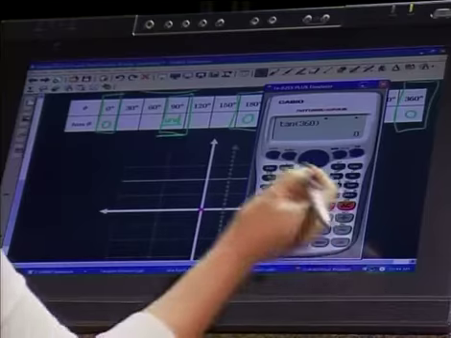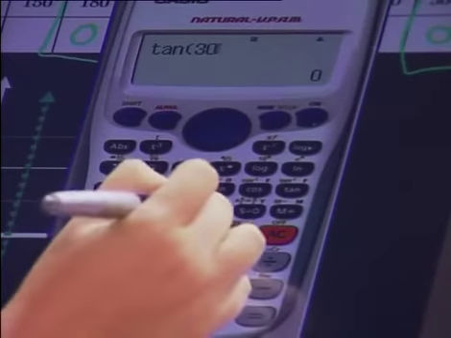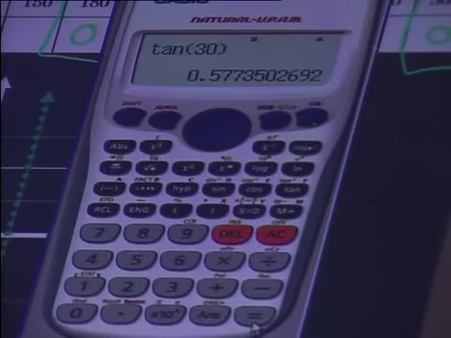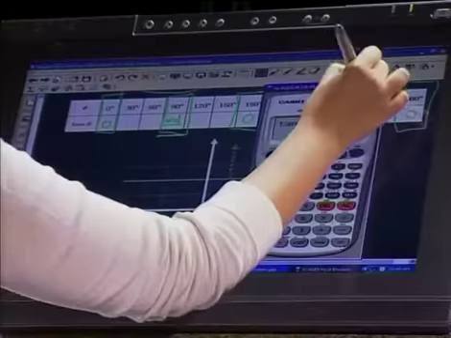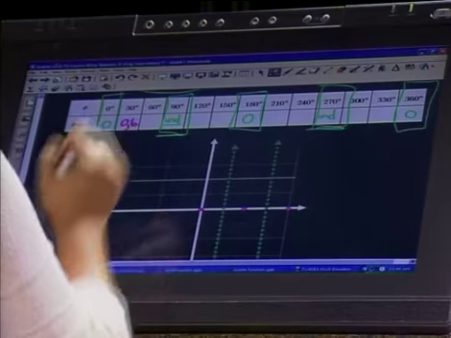And we've got the calculator to help us. So let's have a look at what tan of 30 degrees gives us. And we get a value of 0,577, which would then round off to 0,6. So we can put that in, and this is now 0,6.